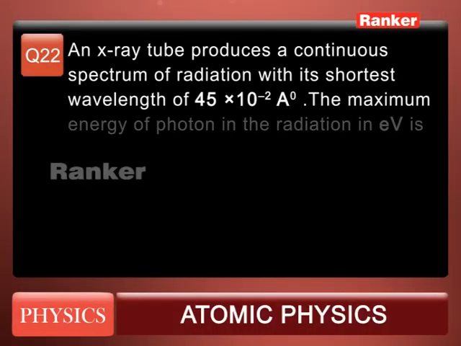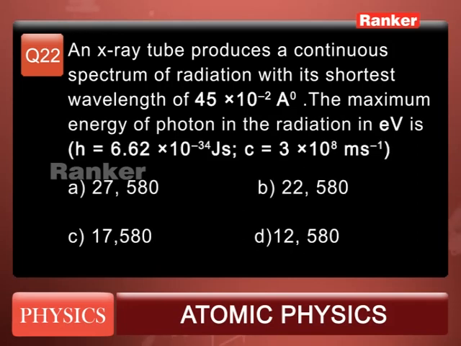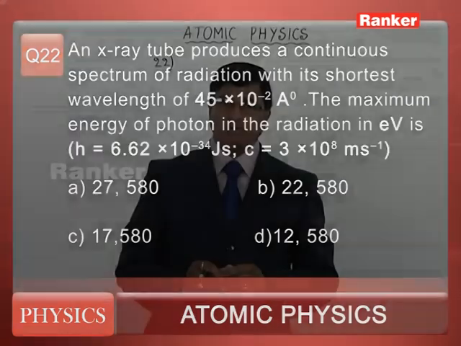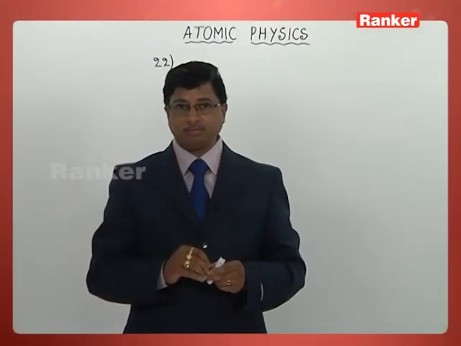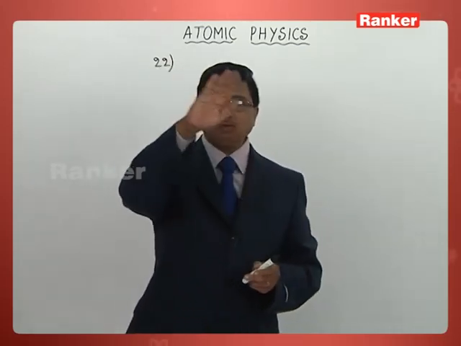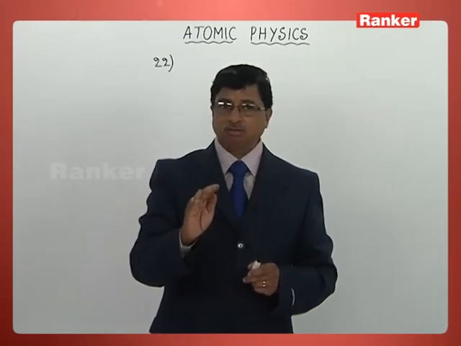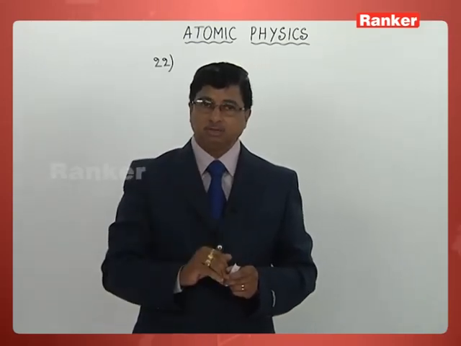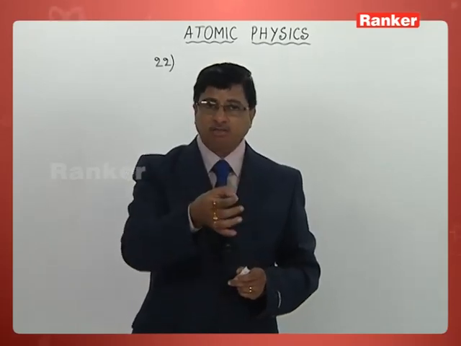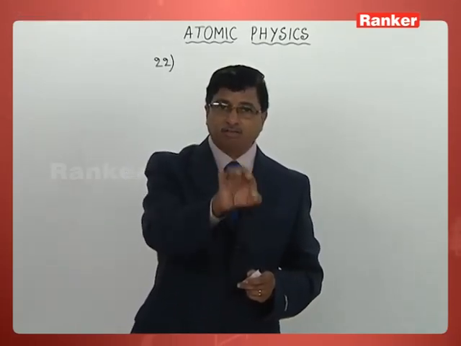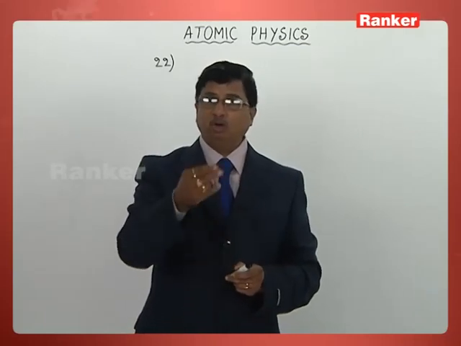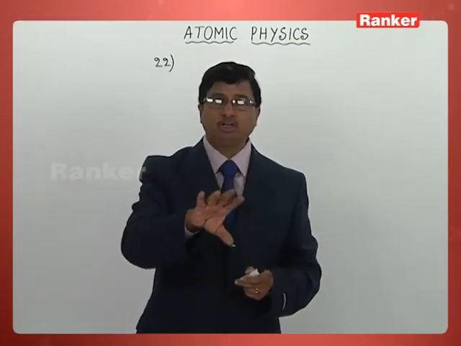An X-ray tube produces a continuous spectrum of radiation with its shortest wavelength of 45 into 10 power minus 2 angstroms. In fact, one should understand in this case, when you talk about a continuous X-ray spectrum at any voltage across that X-ray tube, that curve starts with a minimum wavelength of X-rays, below which X-rays are not produced at that voltage.